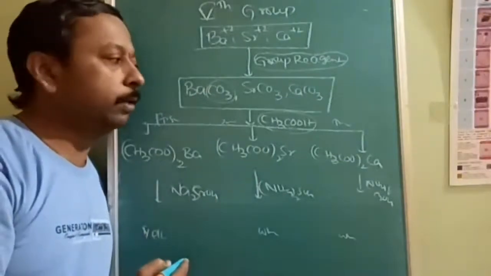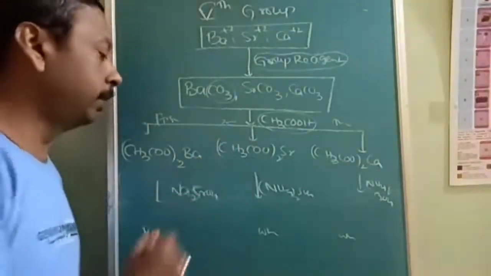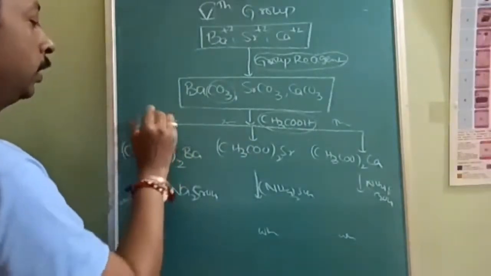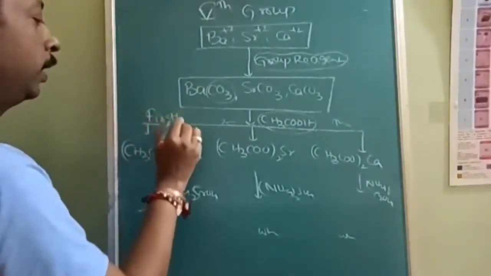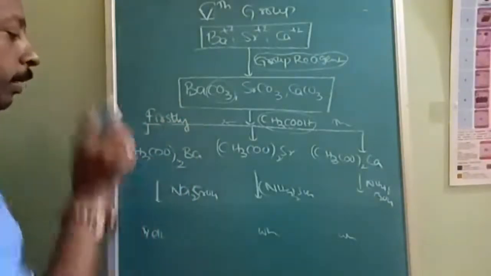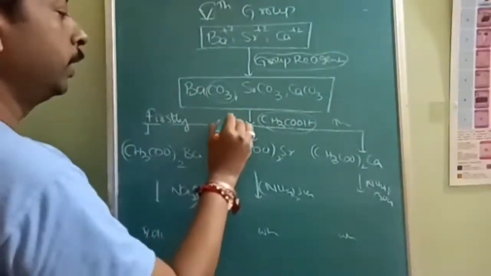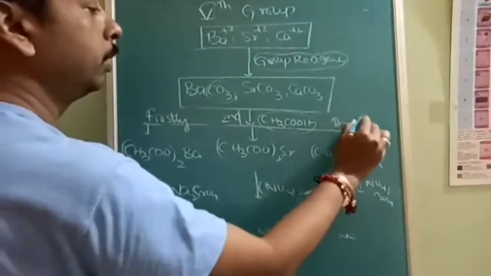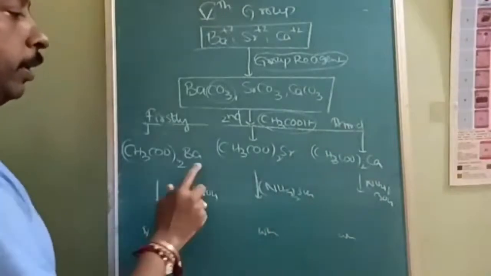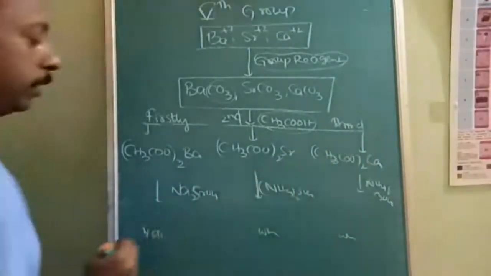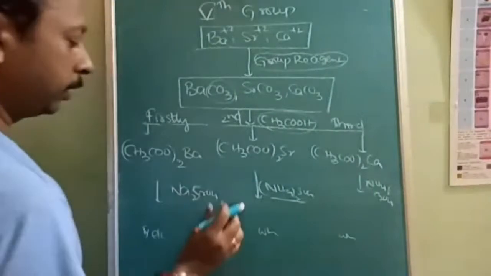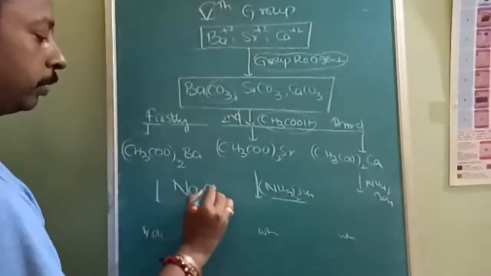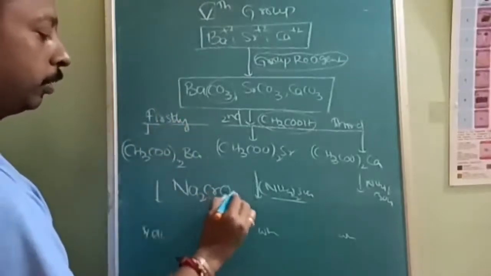They are converted into acetates by reacting with acetic acid. Firstly, we will receive barium acetate, secondly strontium acetate, and third calcium acetate. Then different reagents are used. First, for barium acetate, we use sodium chromate.